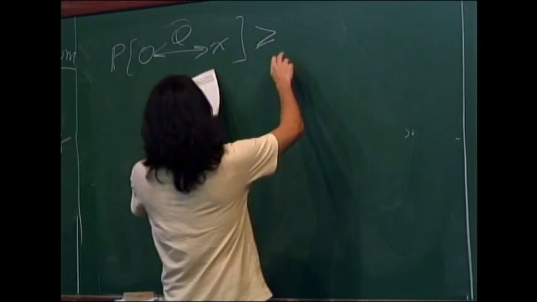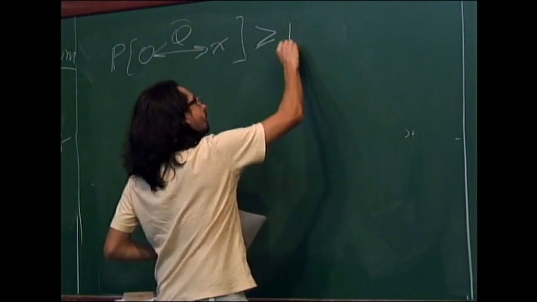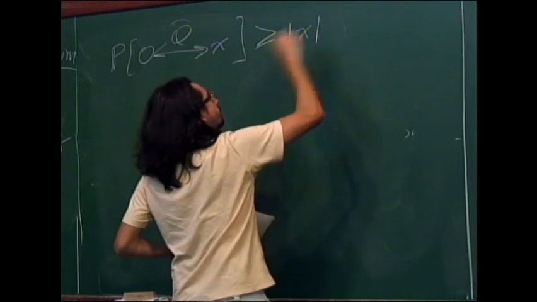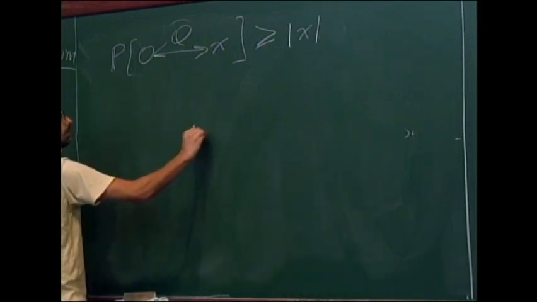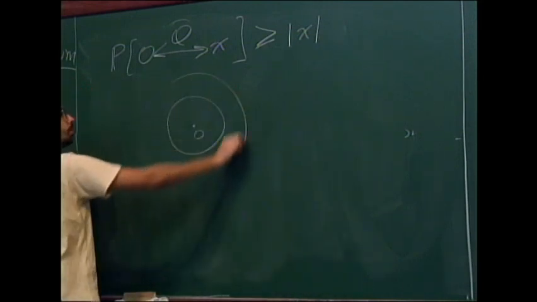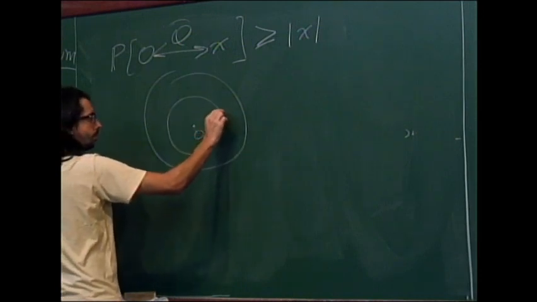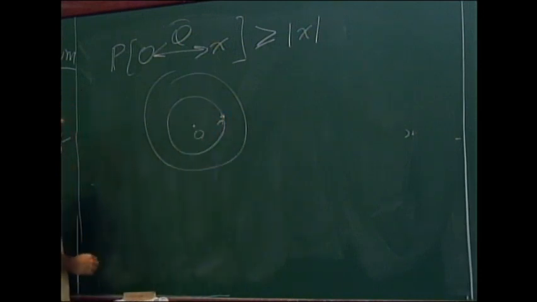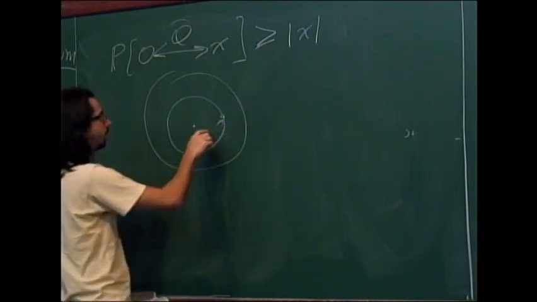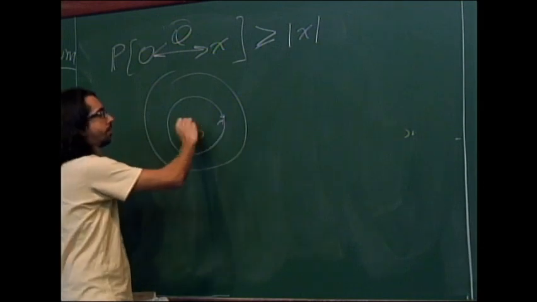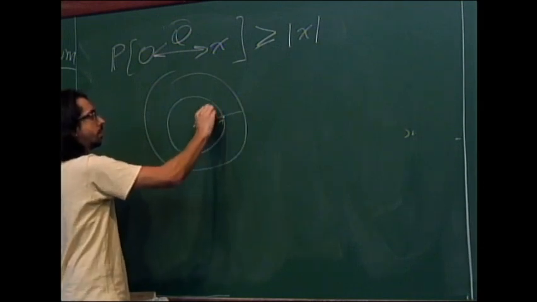And you can bound this by the area. You take the origin here. You take all points. So this is X. You take all points that lie in the ball of center origin and twice the radius. This is twice the radius.